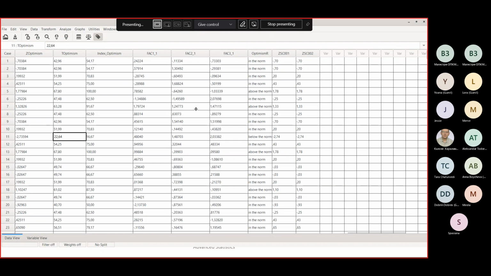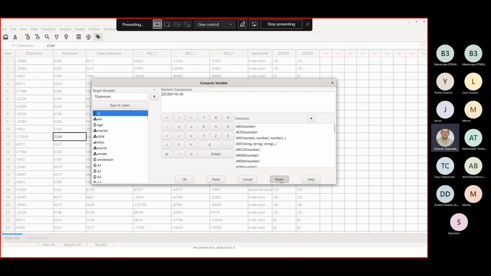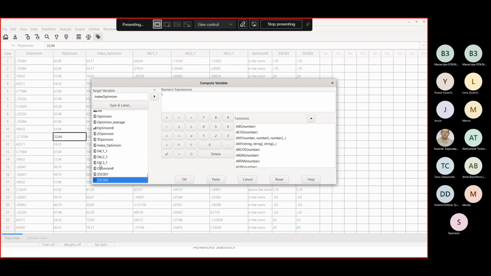So again transform, again compute, again reset, new name, index optimism, and the equation is optimism minus 6, this in parentheses, divided by 24 and multiplied by 100.